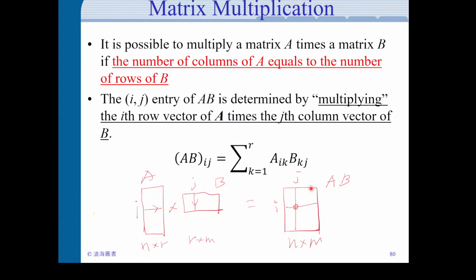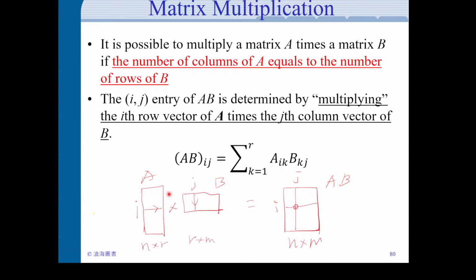So the ij-th element of AB will be the i-th row of A and the j-th column of B multiplied together. And by multiplying together, we mean we sum over all the multiplications of each element one by one.